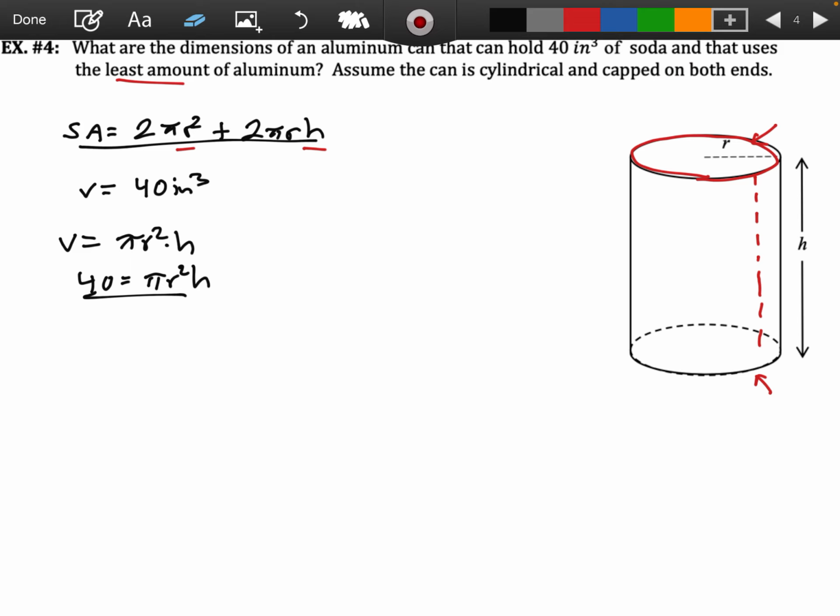So I solve for H so that I could replace my H in the surface area formula, and everything's going to be in terms of R. So what is H? Well, if I divide both sides, I'm left with H equal to 40 over pi r squared. Okay. Now I'm going to plug that into my surface area equation.